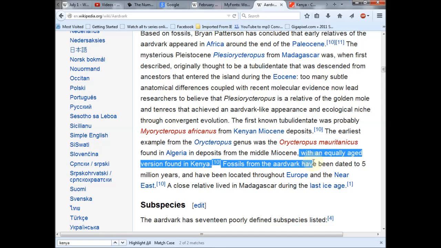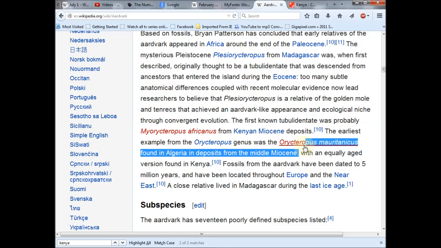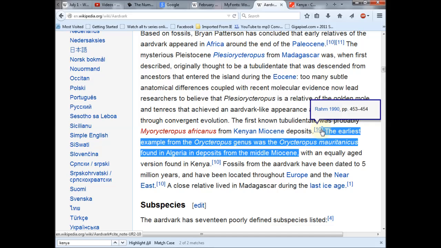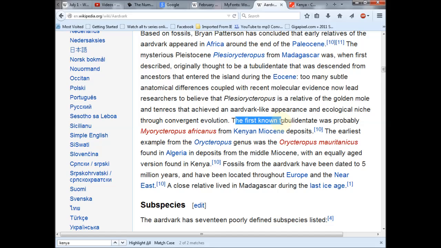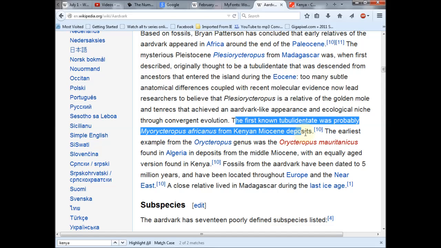An equally aged version found in Kenya, the earliest example of the genus, first known was probably Africanus from Kenyan Miocene deposits. Now why is that important?